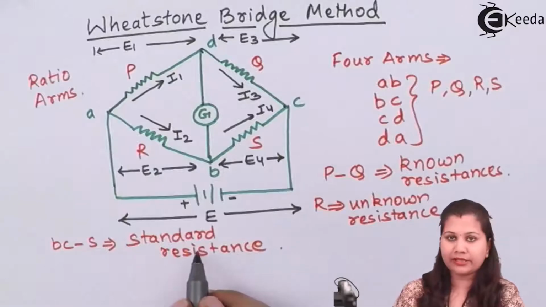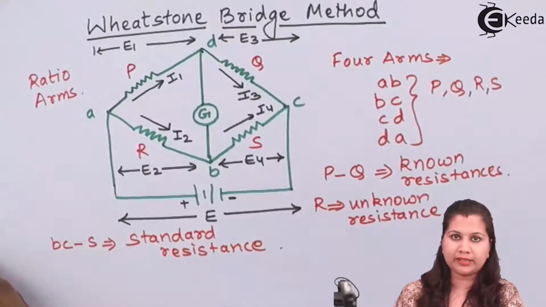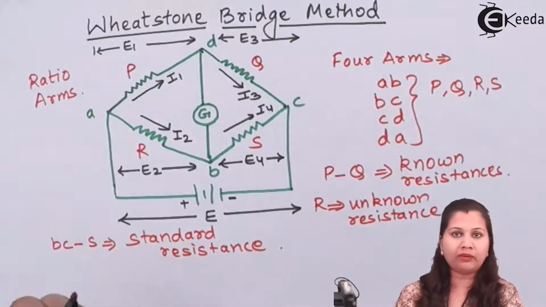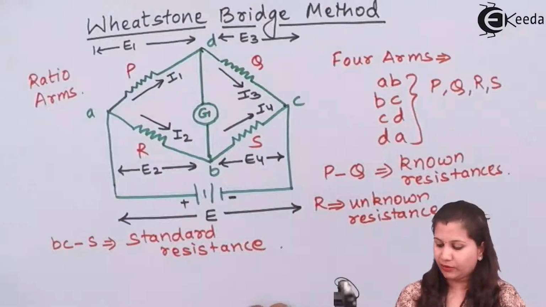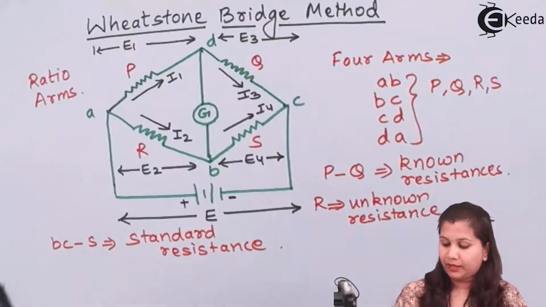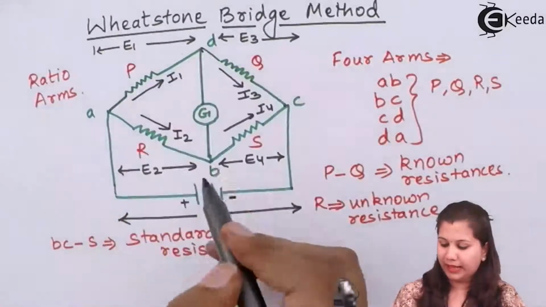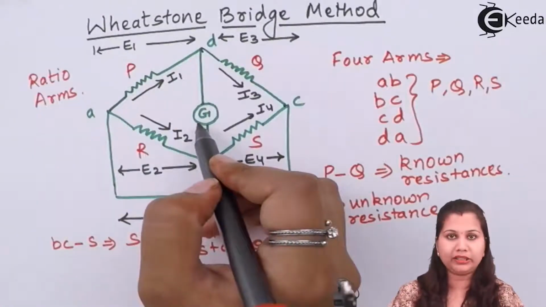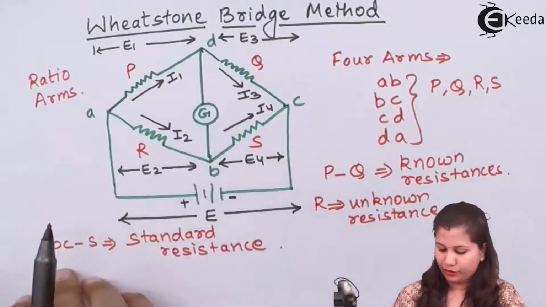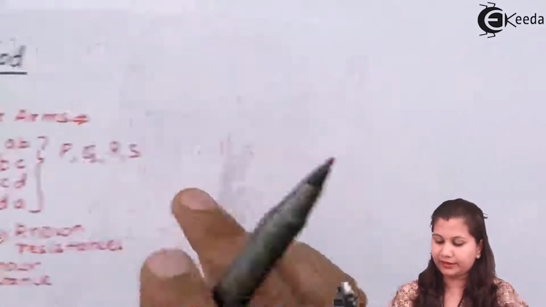And this standard resistance is a variable resistance, meaning we can vary its value according to our requirement. Now, in between the points D and B, a galvanometer G is connected. So G here is the galvanometer.